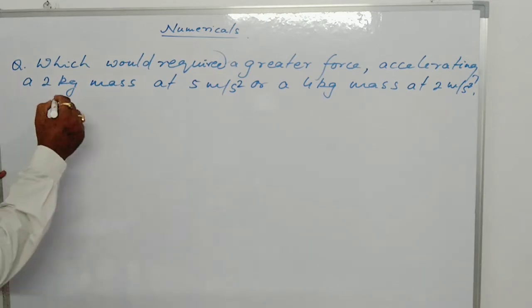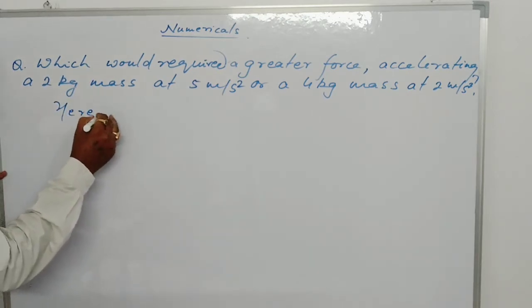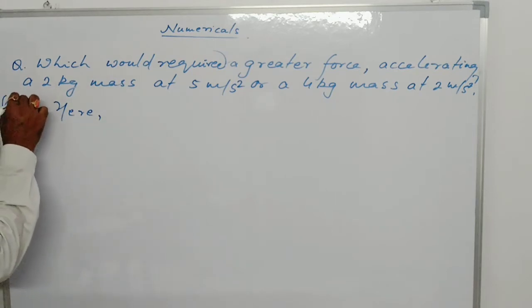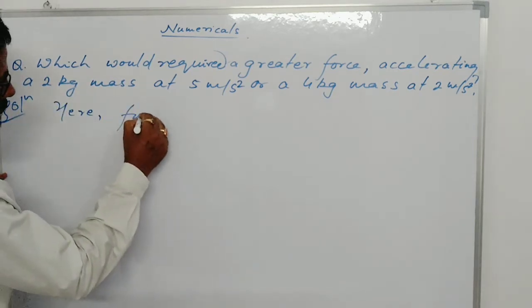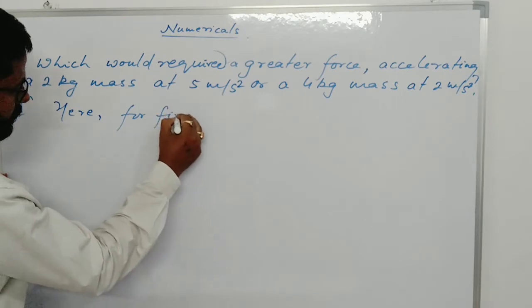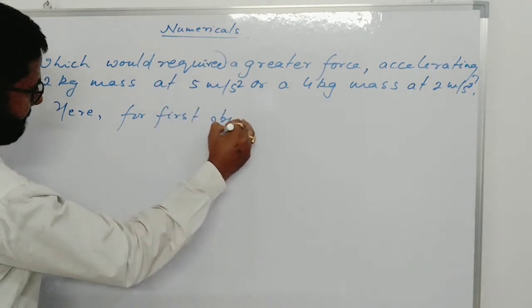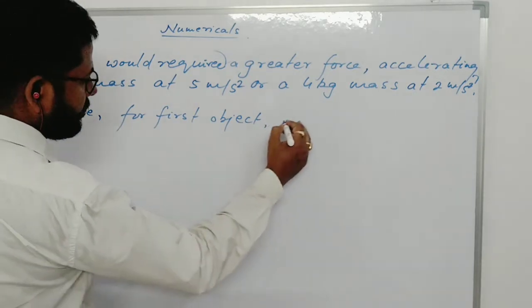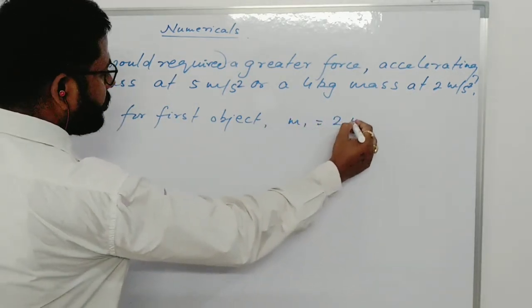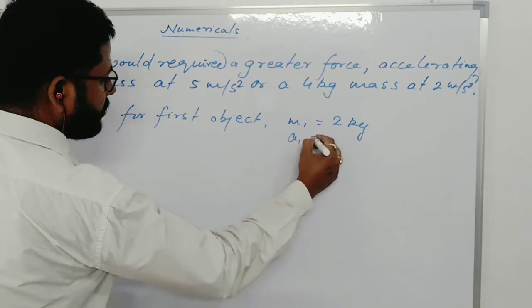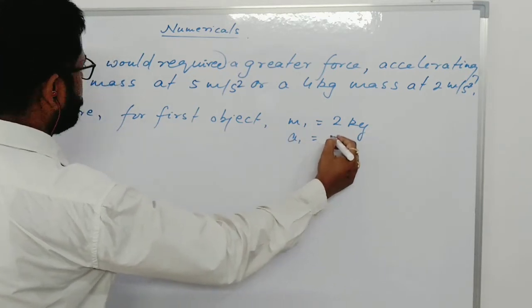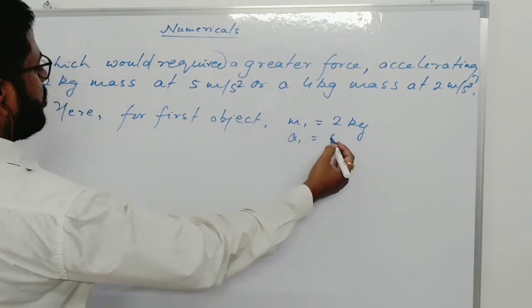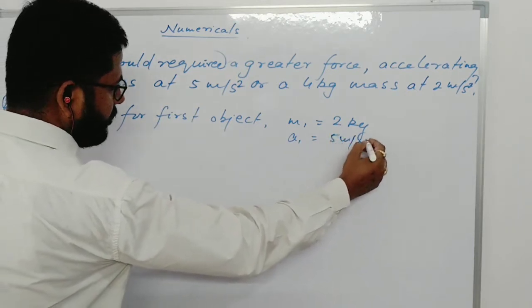Here, for the first object, the mass, suppose m1, is equal to 2 kg, and the acceleration, suppose a1, is equal to 5 meter per second square.